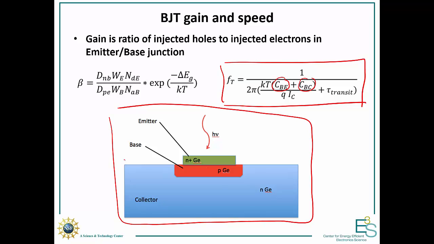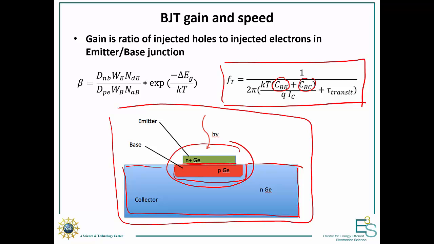So that's why in this depiction, your emitter and your base are actually much smaller than the entire device itself. And that's to reduce this area right here and here to have a reduced capacitance for the entire system and better speed.